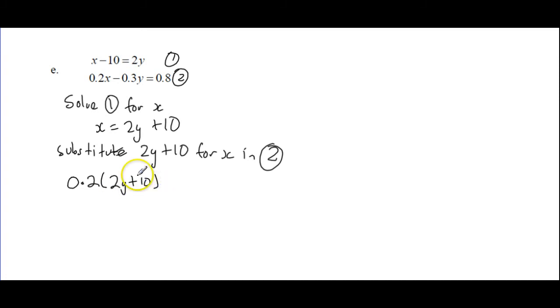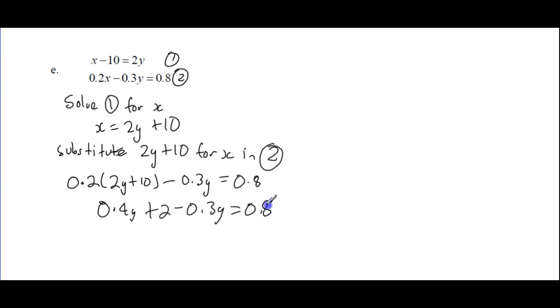So 0.2 times 2y plus 10. This is always in brackets, right? You always put that expression in brackets. Minus 0.3y equals 0.8. 0.4y plus 2 minus 0.3y is equal to 0.8. 0.1y equals, and we're going to subtract, so it'll be negative 1.2, and divide both sides by 0.1 or multiply both sides by 10. y is equal to negative 12.